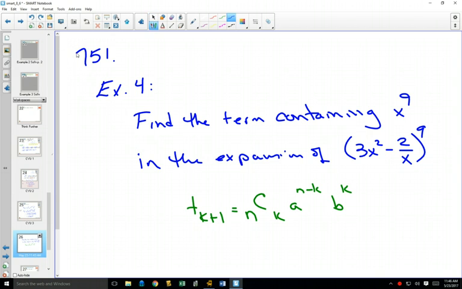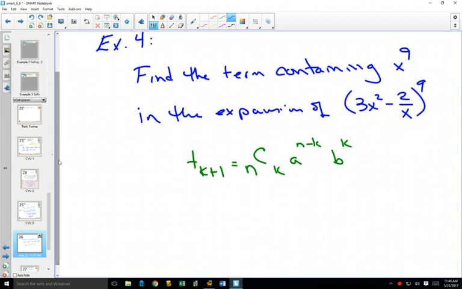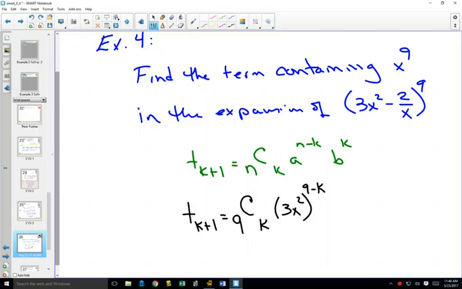So I'm going to start by using our formula and putting in everything that I do know. I don't know what k is, so I'm going to leave that as k plus 1. I know that n is 9. I know that my a value is 3x squared to the 9 minus k, and my b value is negative 2 over x to the k.